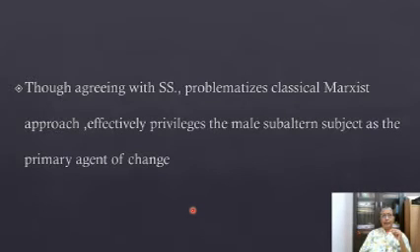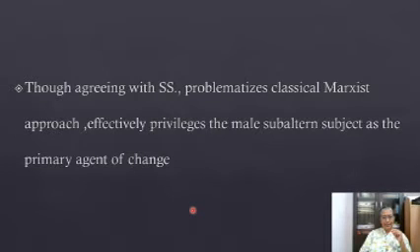They are speaking only of the male subaltern subject as the primary agent of change, even though the Marxists were radical in their approach and their studies were going on to change a historical attitude for the subaltern studies, they are not speaking at all about women.